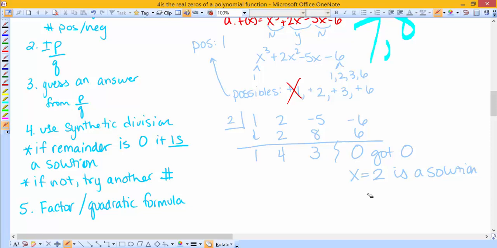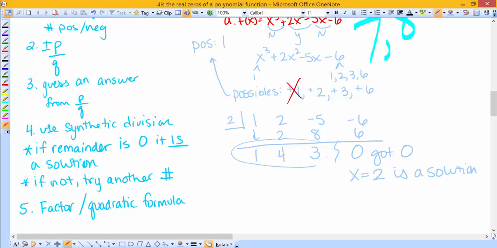Now I need to find my other solutions. You could go through and keep guessing some numbers, but there won't be any more positives because there was only one possible positive. We found it. The rest will either be negative or imaginary. So how do we go through and finish this?